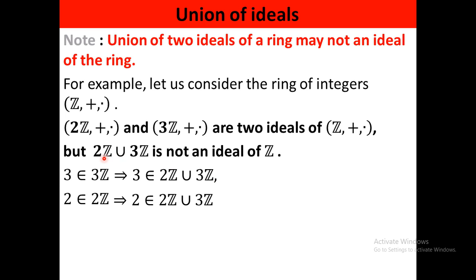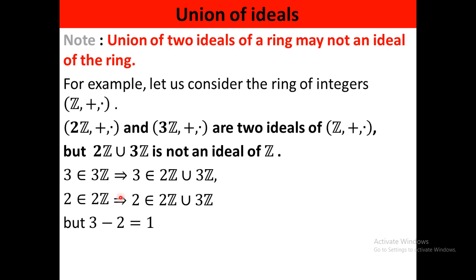Repeat this. If 2Z union 3Z is an ideal, then for any two elements A, B in 2Z union 3Z, A minus B must be an element of 2Z union 3Z. Here we consider A as 3 and B as 2. If you calculate A minus B, that means 3 minus 2, this is actually 1.